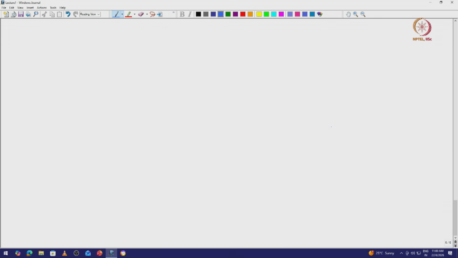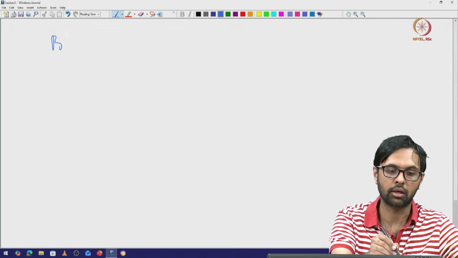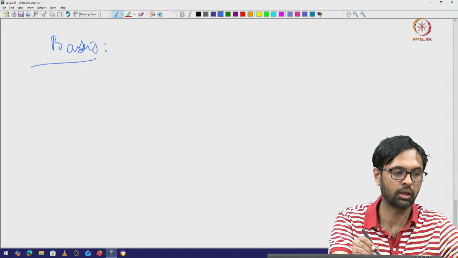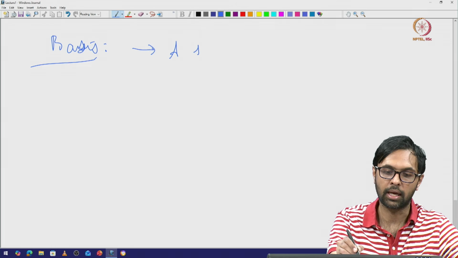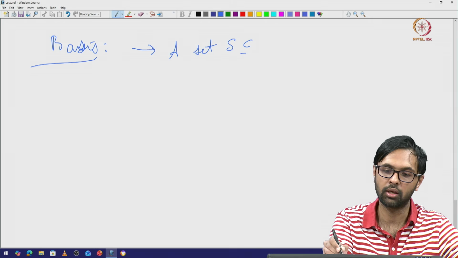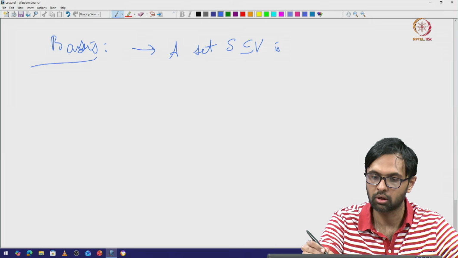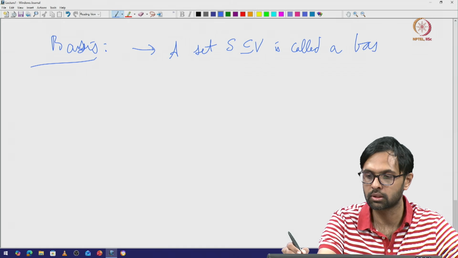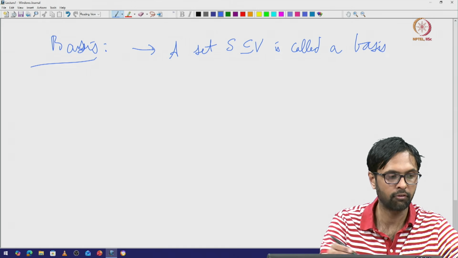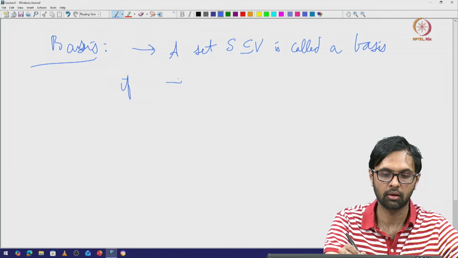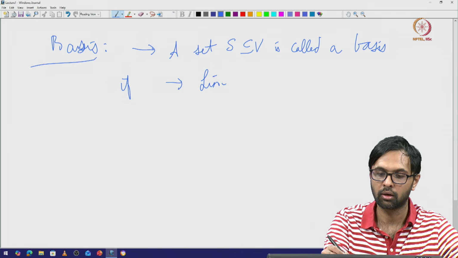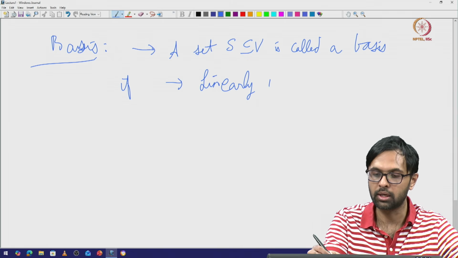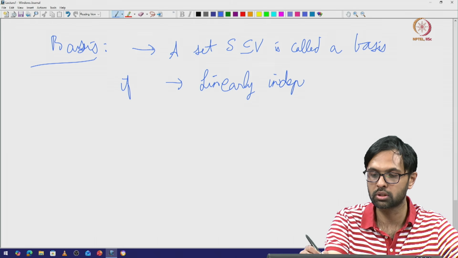All right. So, here is another important definition, that of a basis. A set S in V is called a basis if, firstly, it is linearly independent. There are no relations among these vectors.